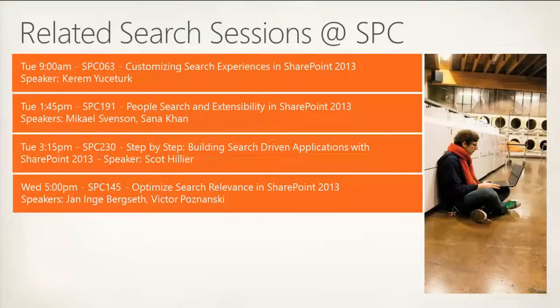The people one, and there's a video one as well, will tell you about some of these search experiences that we built out of the box using these tools. You can actually go and look at the config, open up the query rules manager and see how we did things, right? Open up the result sources and see how we did things. And of course, later on today at 5 p.m., we've got a chat where we talk about how we use query rules and result sources along with a bunch of other things to improve relevance in your actual enterprise search.